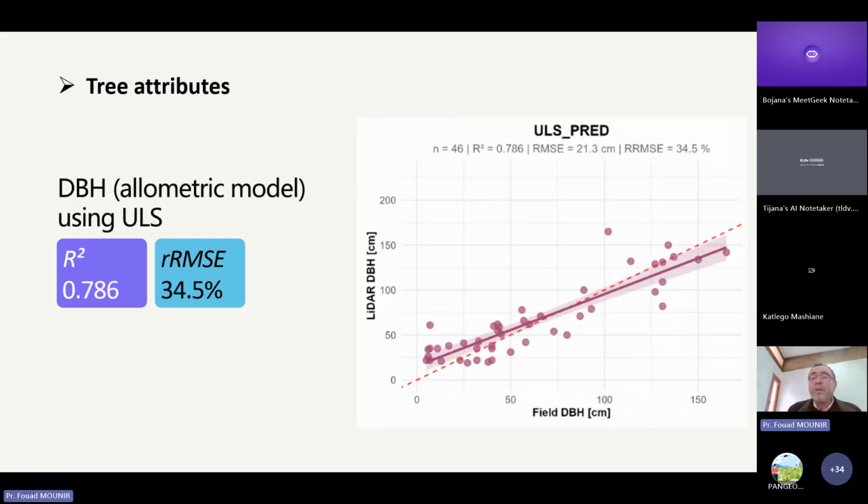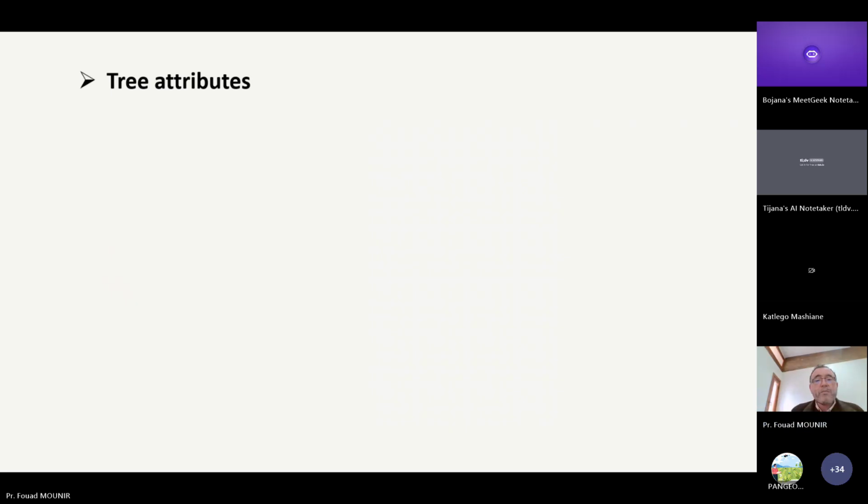Using also allometric methods, we find that the results are good. The R square between the field data and the LiDAR data is about 170, which gives us the idea that we can use this predicted model to estimate DBH.